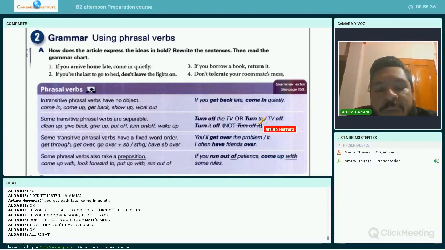This is an object pronoun. If we have an object pronoun, we need to put it in the phrasal verb. It's mandatory. We cannot leave it again, right?